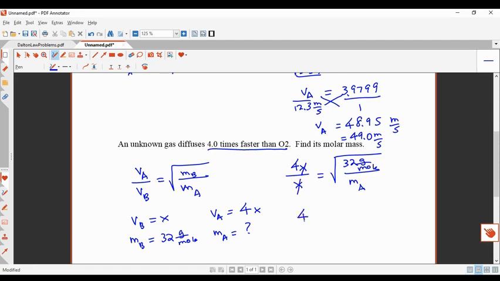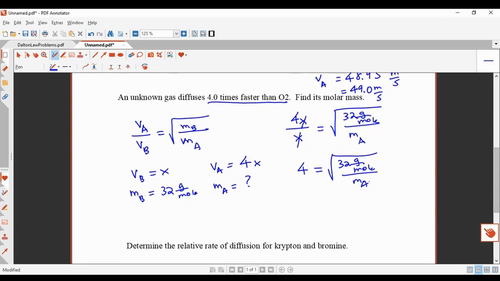So now we have 4 is equal to the square root of 32 grams per mole over mass of A. Now to get the mass out of the square root, we're going to have to square each side. So 4 squared, and then this side is squared. So now we get 16 is equal to 32 grams per mole over mass of A.